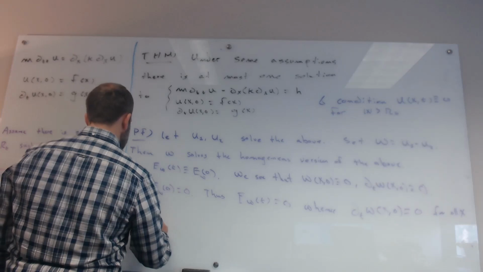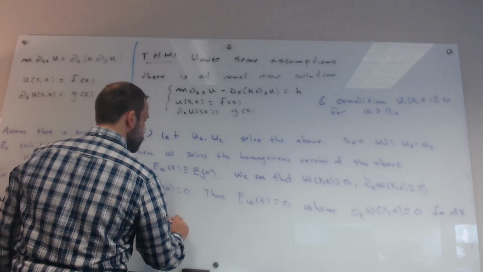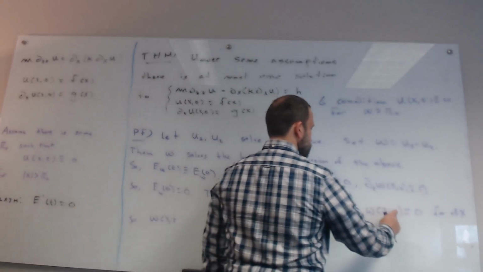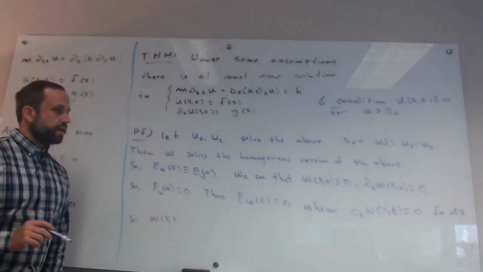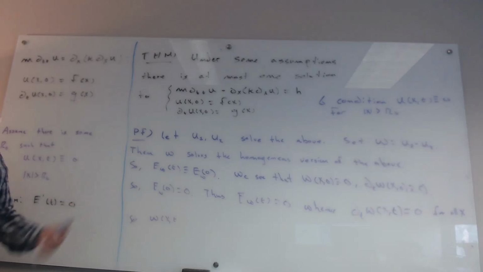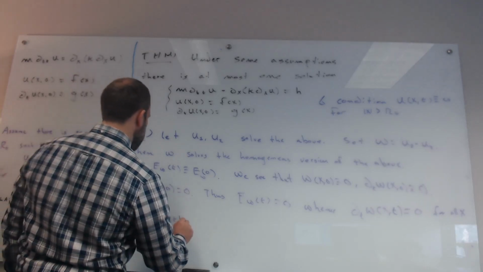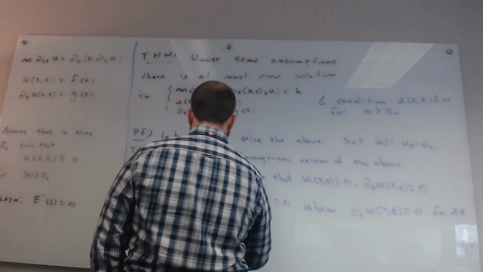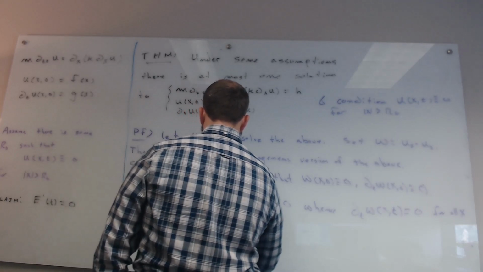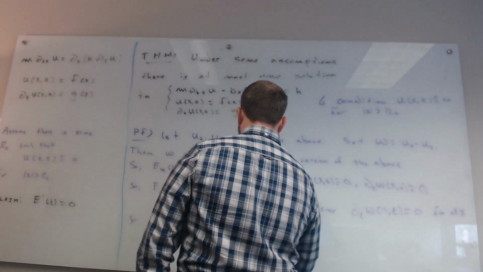And because of that, we know the t derivative of w of x, t is equal to 0 for all x. That's something you're going to have to explain. And because of that, this says that w of x, t is identically equal to 0 for all x and t.